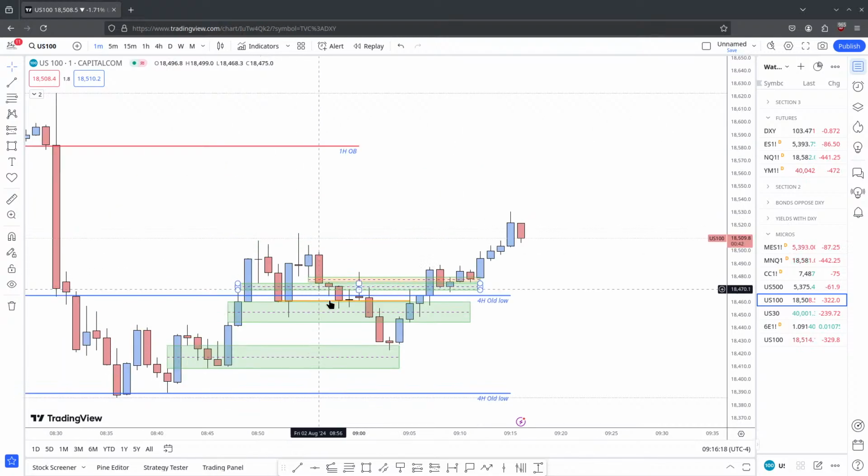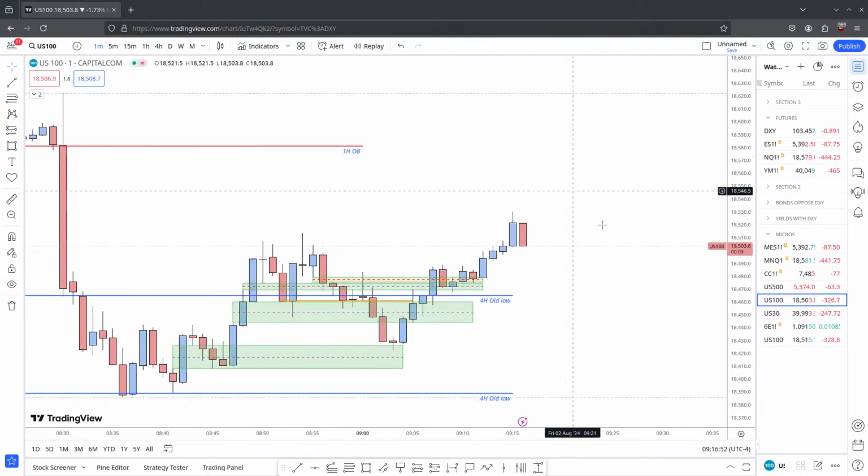If you look at this move down here though, where we get that propulsion move above the breaker block, above the order block, then we get that move back down into what would be coupled with the order block as well as this fair value gap and the breaker block here. That could be a potential entry for a setup as well. Some of you might be looking at that one.